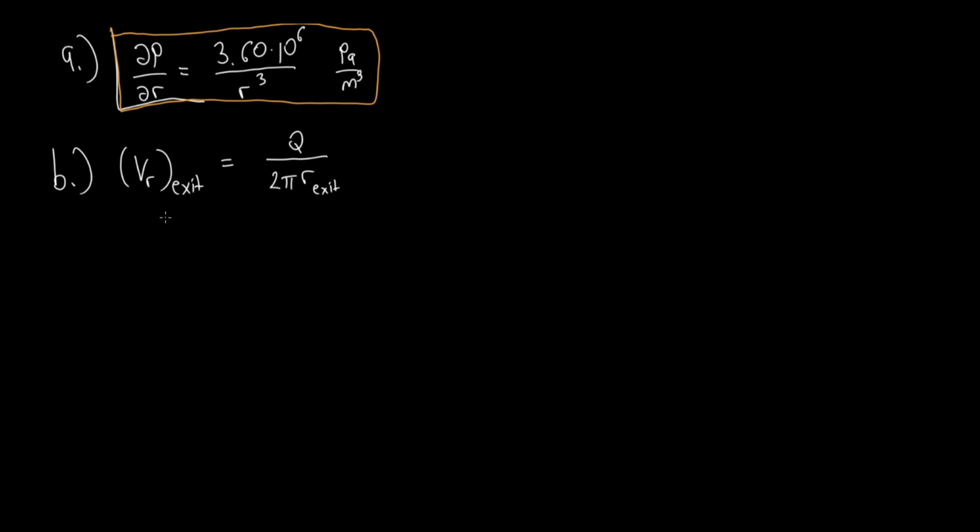And so we'll plug in our values. We'll get Vr exit is equal to 120 pi meters squared per second over 2 pi times 7 meters. 7 meters is the distance radially at which the exit of the diffuser takes place.